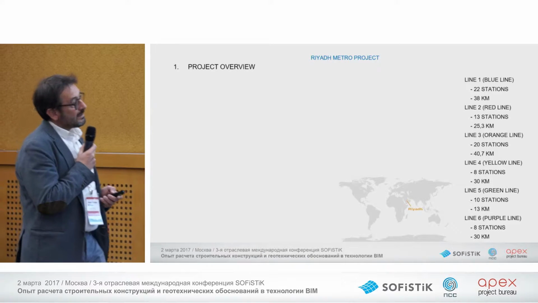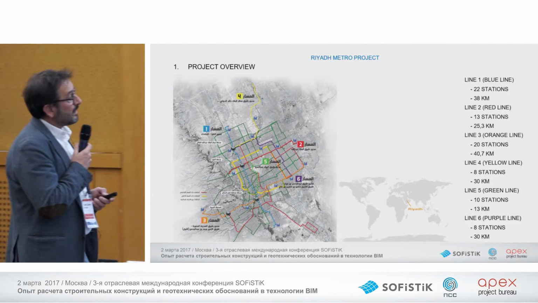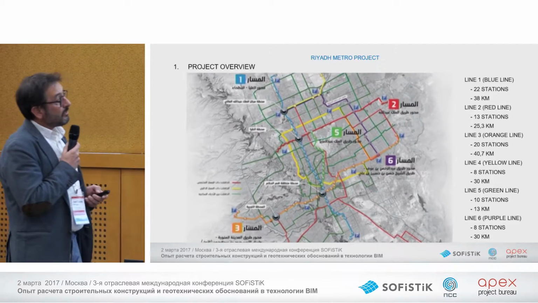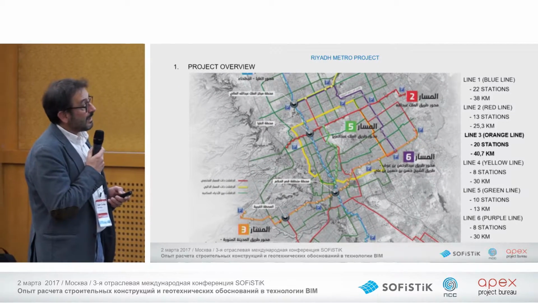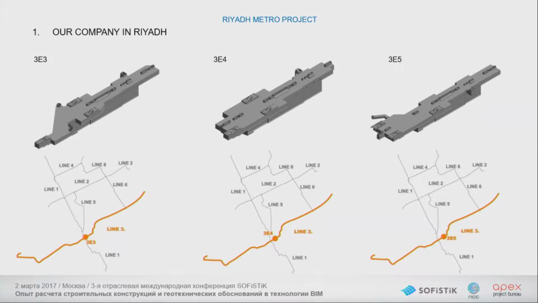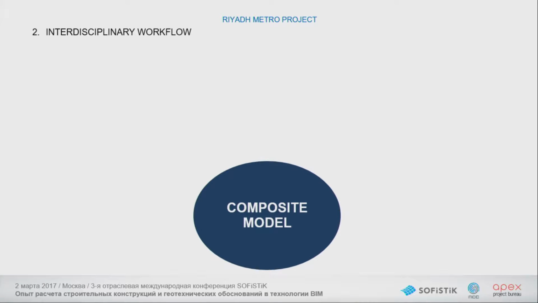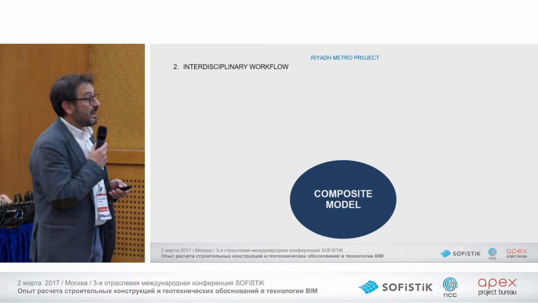There are 6 lines. We are participating in the RH1 and line 3. There are 20 stations and 40 kilometers length, and we designed E3, E4, E5. There are some really similar stations, and the way to work together with other teams is the composite.